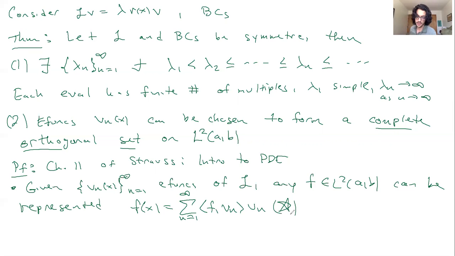Let's call this equation star. And this brings us to a theorem now. What is this? This is just a generalized Fourier series. Those v_n's could be trigonometric functions, but they may be something else, solutions to our Sturm-Liouville problem.